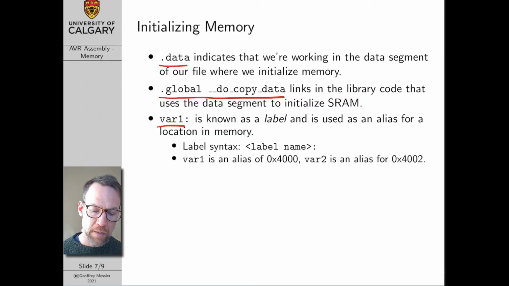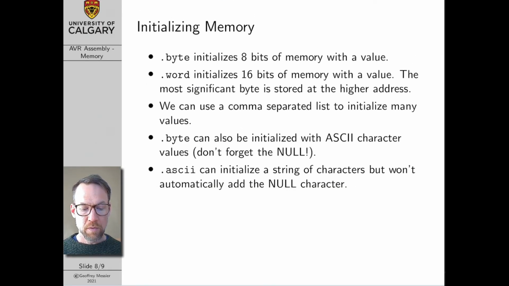The syntax for labels is always just a string followed by a colon. And as we said in our example, var1 is an alias for address 4000, var2 is an alias for address 4002, and so on.